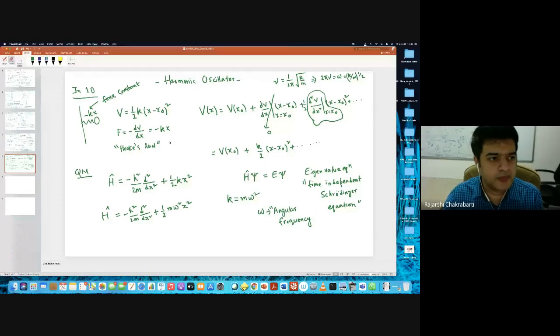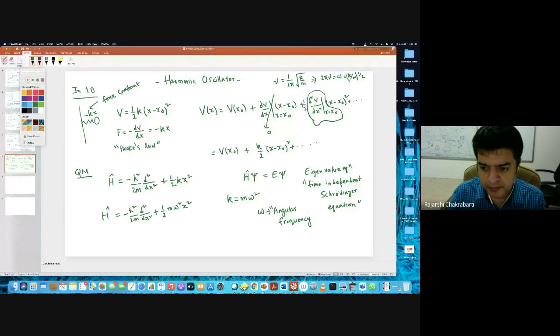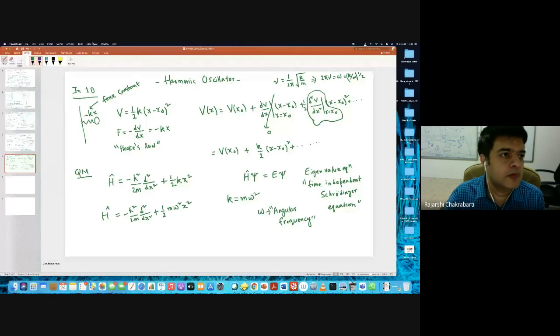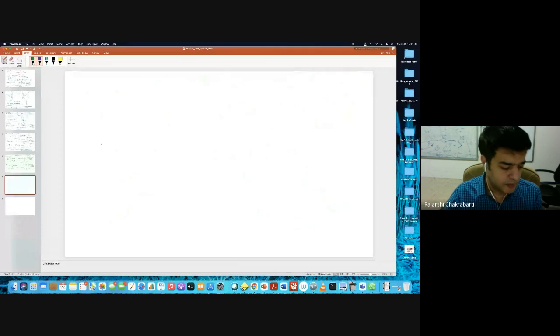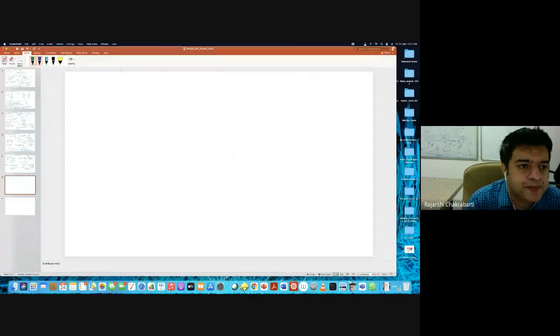Now, after writing like this, let me define an operator. I'm calling it A plus, and the definition of this operator is this.